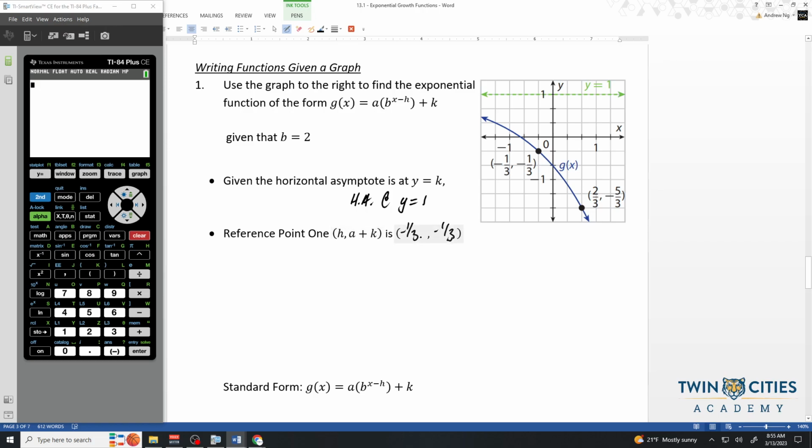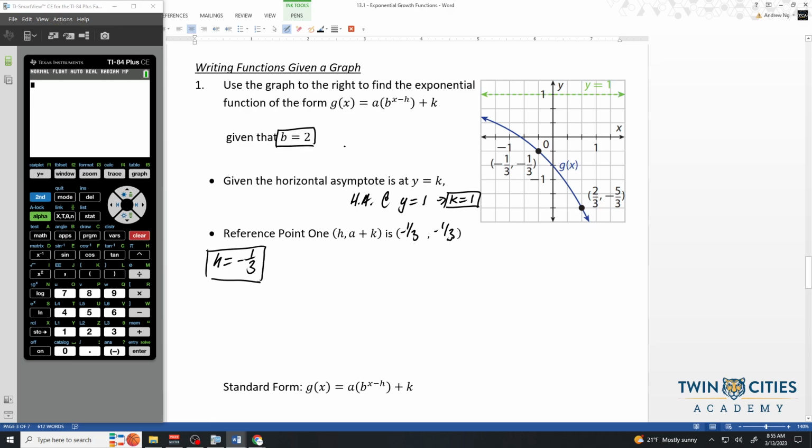So if this is h comma a plus k, I already know that h is negative 1/3. If I want, I can box these in and find them easier later. So I can say here, this would be k equals 1. Then h equals negative 1/3.